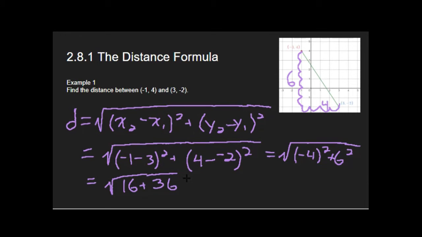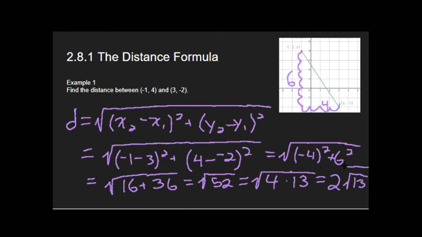And then that simplifies to the square root of 52. And then we can simplify this radical. 52 is equal to 4 times 13. So we can pull out that 4. The square root of 4 is 2, and that leaves us with the square root of 13. So that is how we use the distance formula to find the distance between two given points.